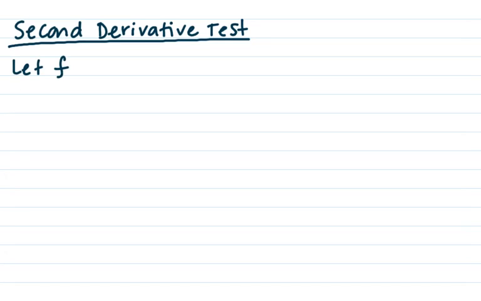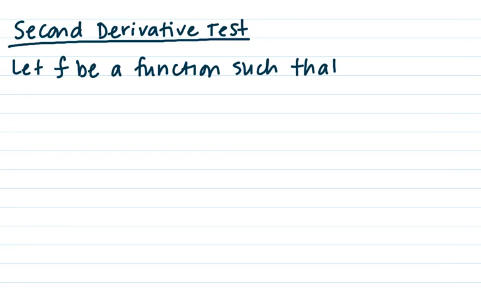So let f be a function such that, and remember, we were talking about a c value, like some special x value, so such that f prime of c equals 0 with the first derivative. And it's not 0 or undefined in this case, it is specifically that it equals 0.